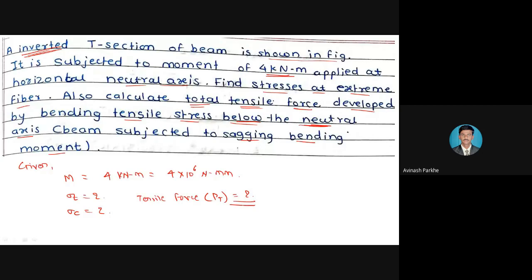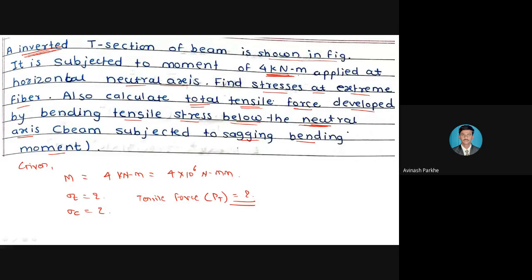Type of beam means we can easily say that sagging bending moment means the beam is simply supported. The type of load is not required because the bending moment value is directly given. Only the type of beam is required to verify where the tensile region and compressive region are.